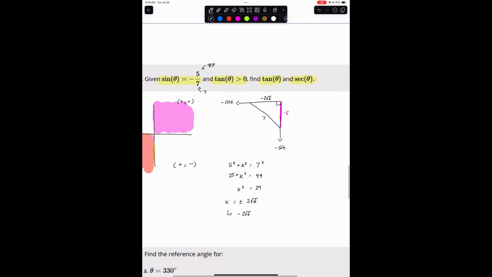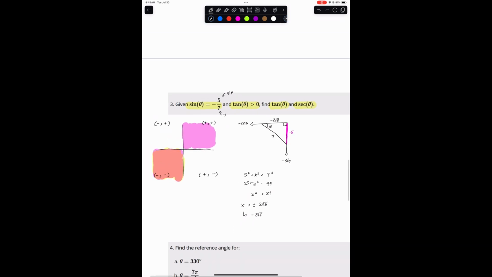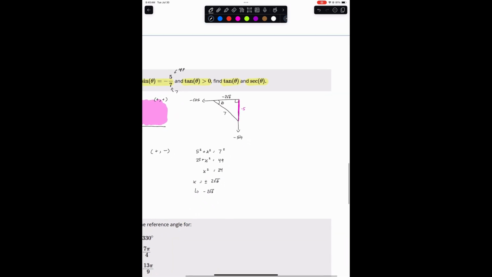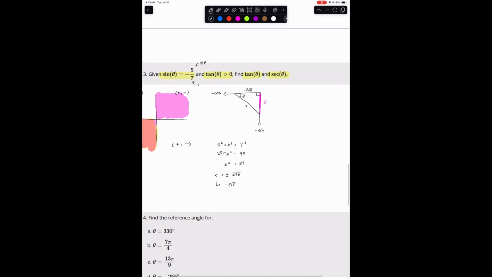Now again, I use sine of theta, and this is my opposite, so I will use this angle as theta. For tangent, tangent is just opposite over adjacent. So my tangent of theta is equal to negative 5 over negative 2 root 6. And this becomes just positive 5 over 2 root 6.